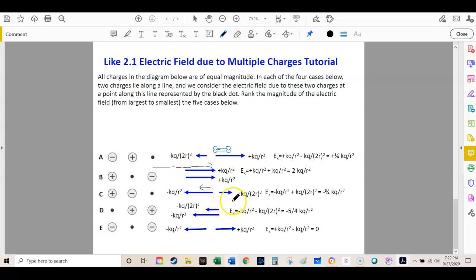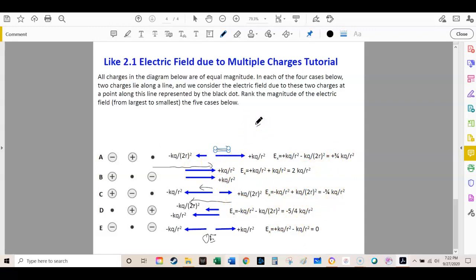And this one is going to be the addition of those two vectors to the left, which will just be a larger electric field, this one plus this one in size to the left. And this one will be a 0 electric field. So you can confirm those just vector-wise and estimate the size of those without having to do mathematics. Do the mathematics to actually just confirm your beliefs, right?